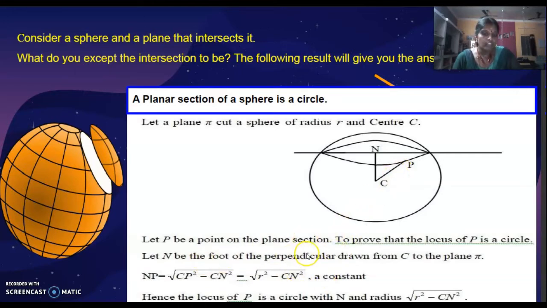So this is the foot of the perpendicular, that length is a fixed value, therefore this value is a constant. Hence the locus of P is a circle with center N and radius square root of R square minus CN square. Can you get this? You can intersect or cut the sphere by a plane and we get a circle. So that is, a planar section of a sphere is a circle.